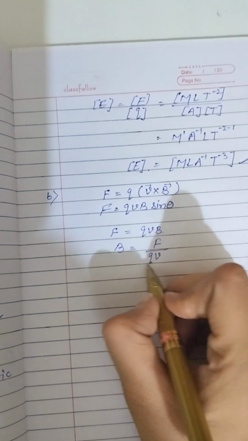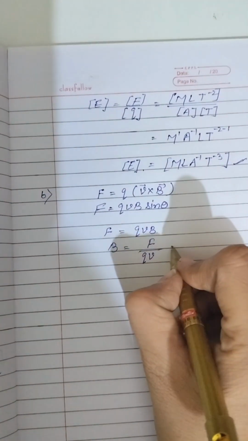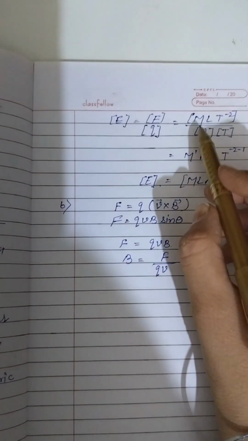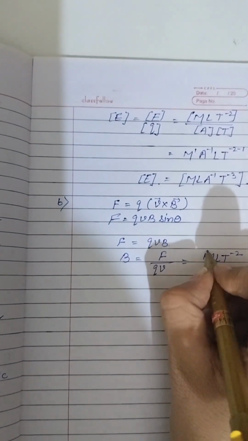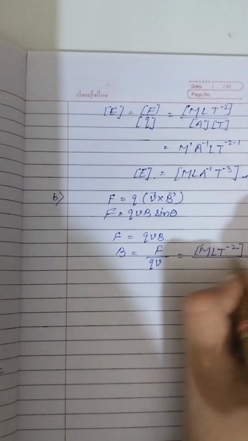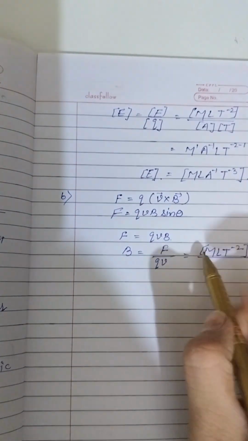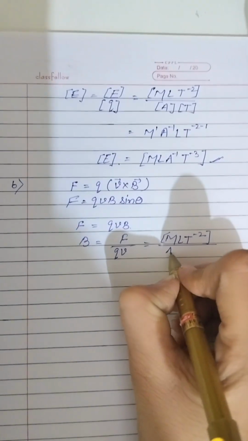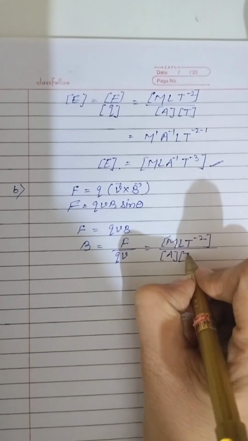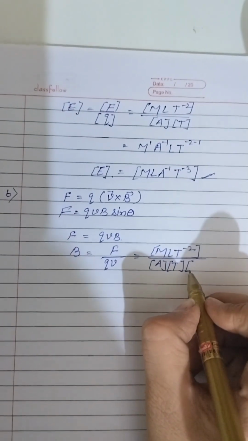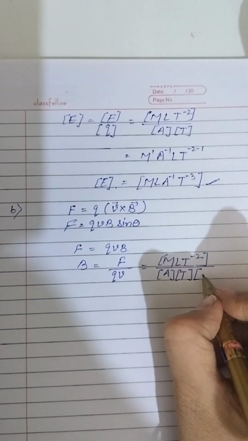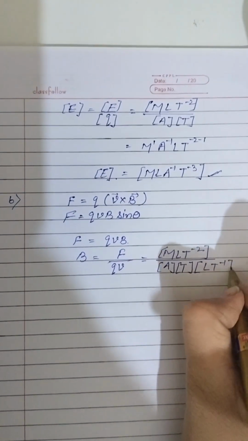We already found all these values. The value of F is M L T minus 2, and upon Q is A into T, and the value of V is distance per unit time, so L T minus 1.